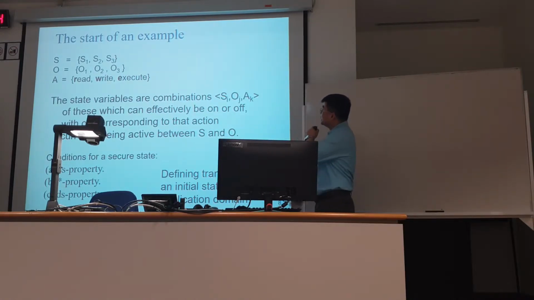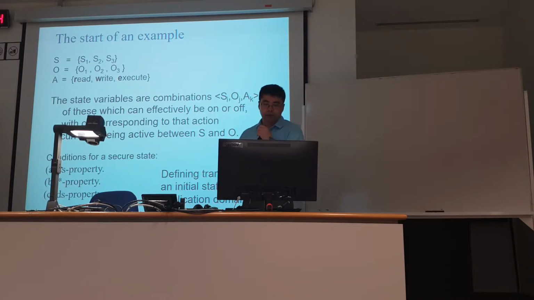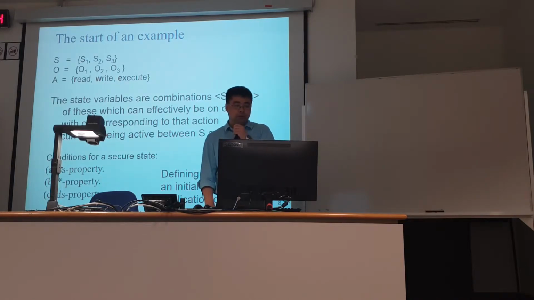Okay, so this is a very simple example of this kind of state using the state machine approach, right? So you can have subjects, objects. You can define the relationship between these subjects and objects and also the actions. And then you can define the conditions for a secure state.